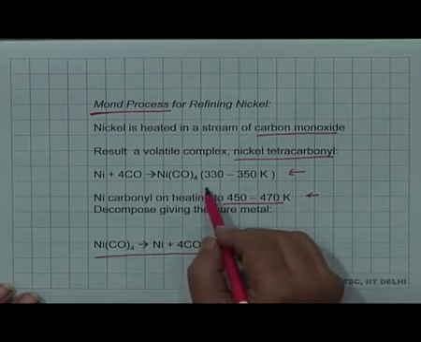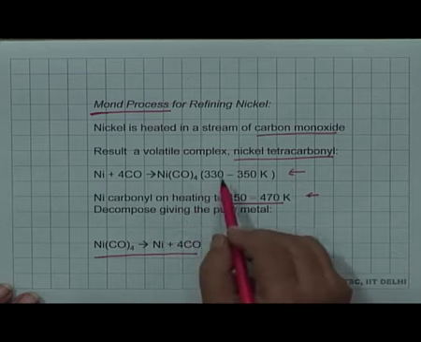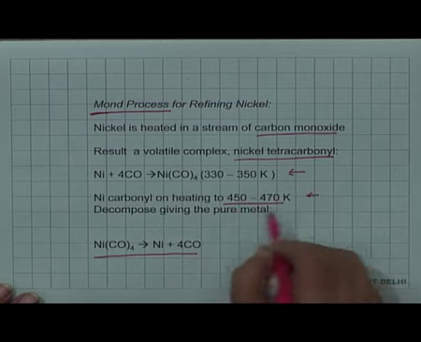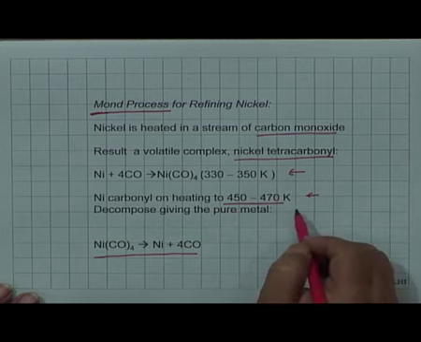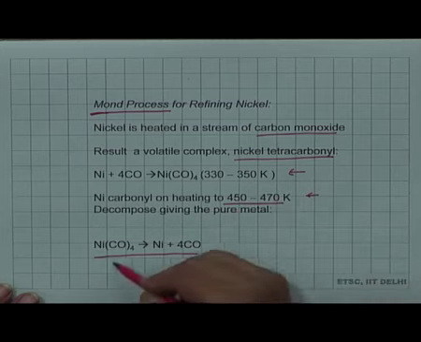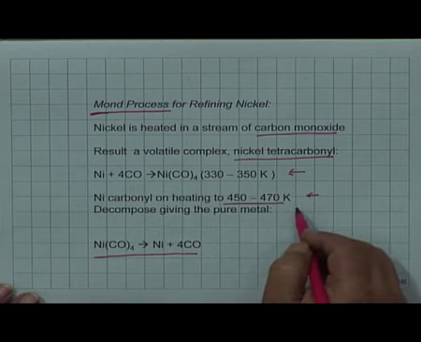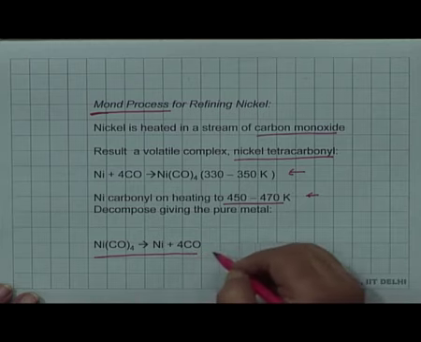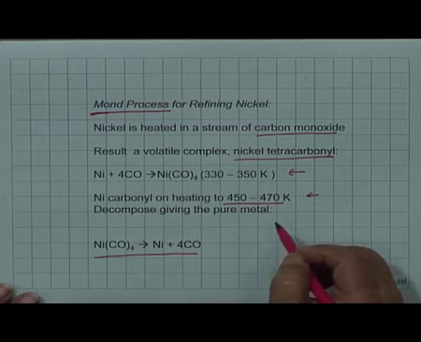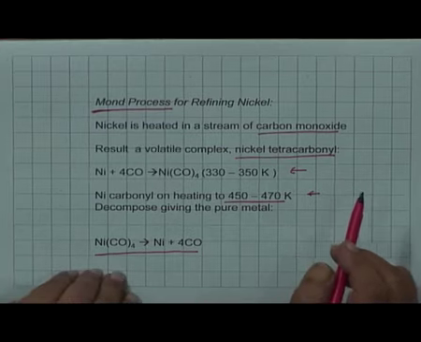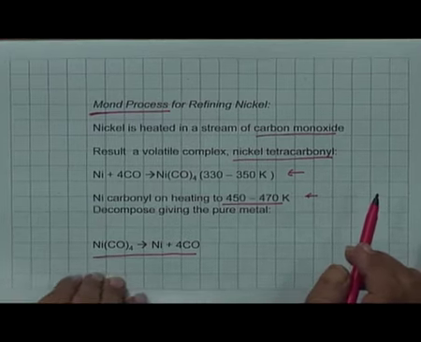So at a very low temperature nickel is converted into a volatile compound, and the nickel carbonyl is converted, also at a low temperature, back to nickel. No other metal shows this reaction, so this is very specific and is widely used for refining nickel.